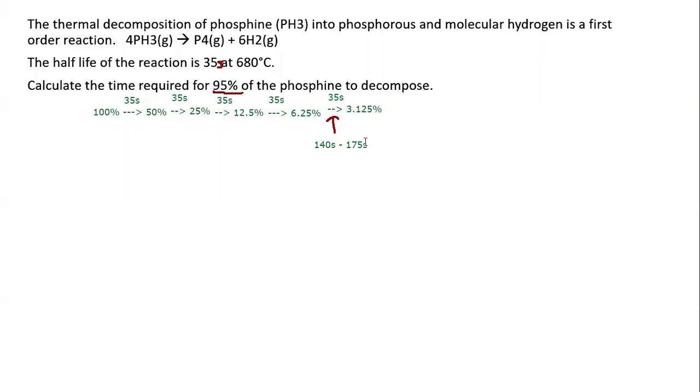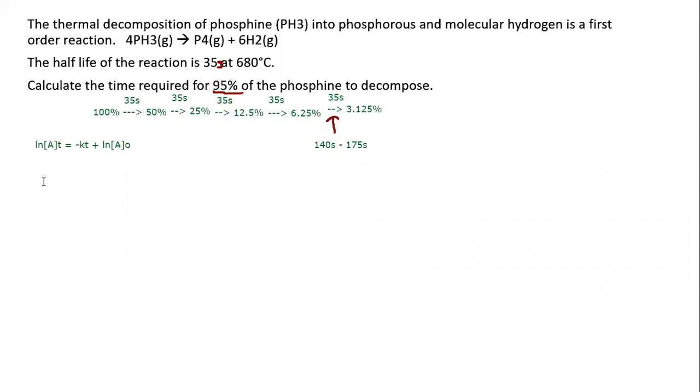So now let's look at the problem. This is a first order reaction, so we're going to use ln of A_t equals negative kt plus ln of A naught. This is the first order integrated rate law.